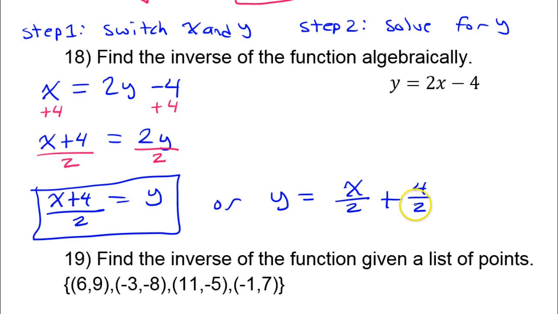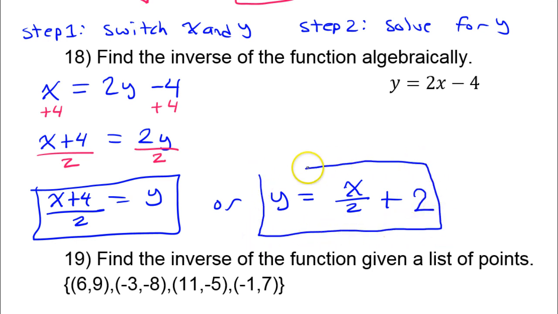But would I really leave 4 over 2? Of course not. 4 divided by 2 is 2. So if I did it this way, I would have a 2. Okay, so either one of these would be acceptable.